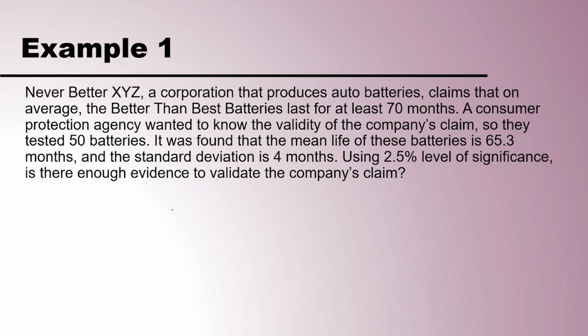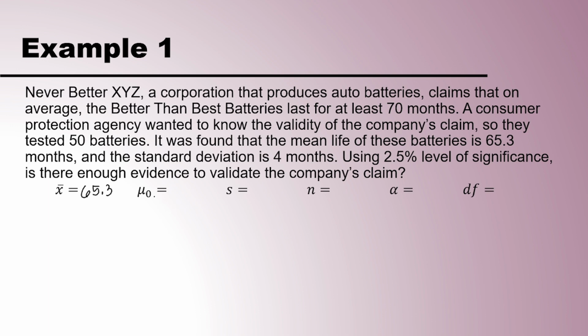So we start by highlighting or noting the different values of the variables that we are given here in this problem. For the sample mean, nag-test daw sila ng 50 batteries at ang naging mean ng sample na yon is 65.3 months. Pwede nating isulat na lang later yung months basta yung value ay nandito.